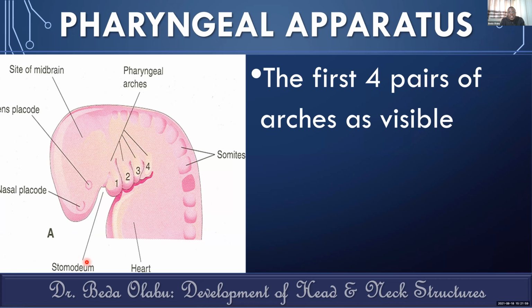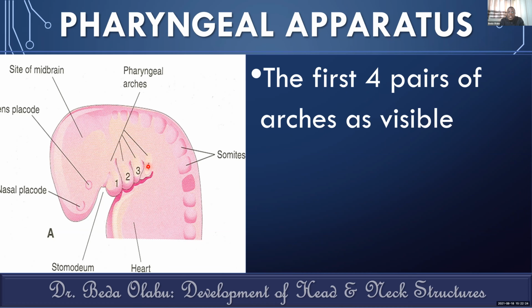Remember that these arches are basically cores of mesenchymal tissue. And remember that they are paired. So there are those that are on the right and there are those that are on the left. Only the first 4 are definitely visible, as we can see in this image.